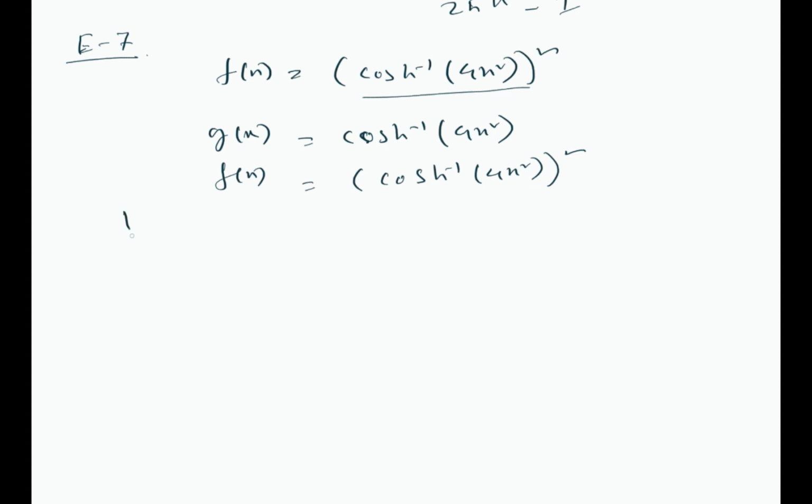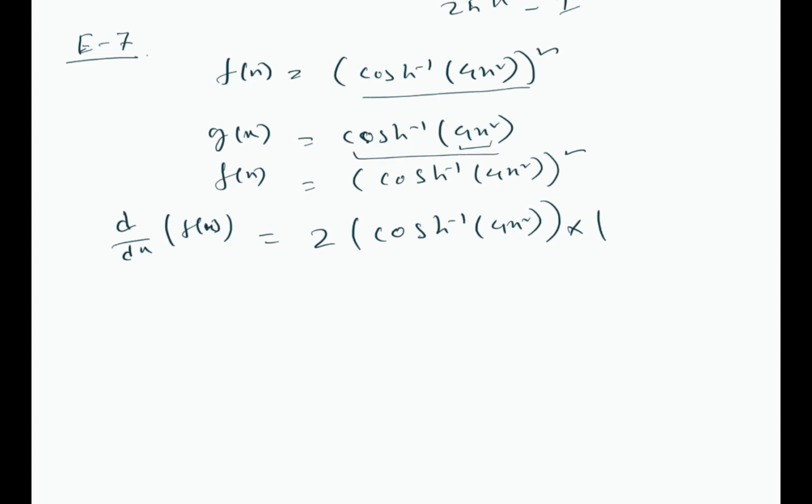Okay, so the derivative of this function f of x is, first we need to apply the power rule, because in our outside function we have a power. So 2 times inverse hyperbolic cos of 4x squared, leaving the inside function as it is. Then the derivative of the inner function. In the inner function we have to apply the chain rule again, because this is our inner function and this is our outer function, right?